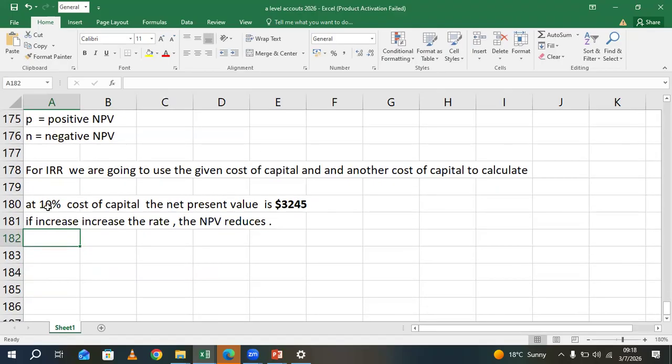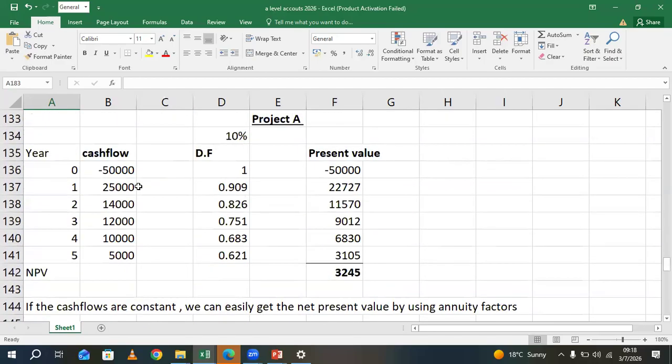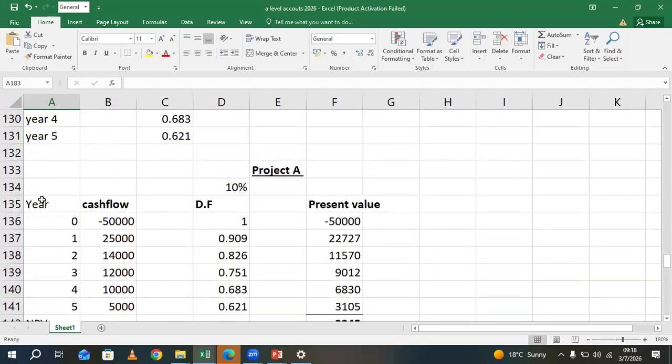So if 10% is giving us a positive, let's find a higher rate than 10%. Let's find one a bit far from 10%. Let's use at least 20% and see. So let's calculate the same net present value calculation we did using the 10% rate, now using 20%.